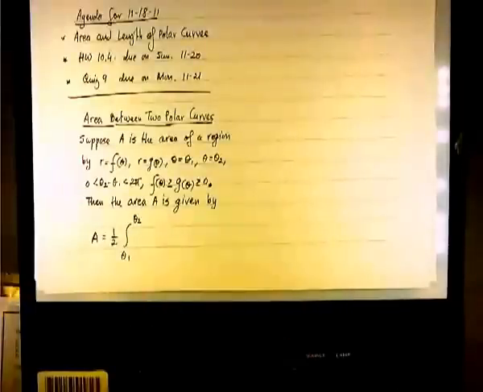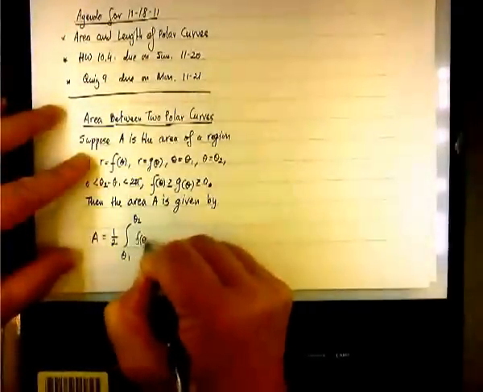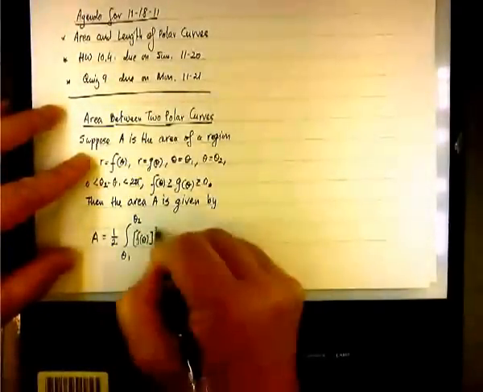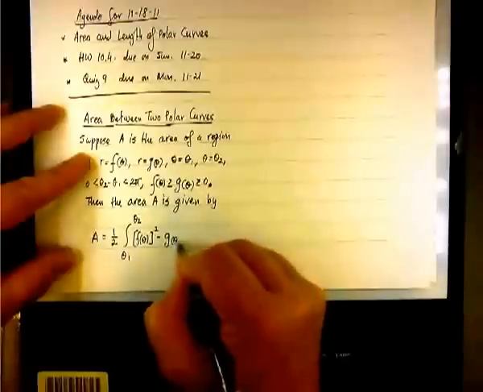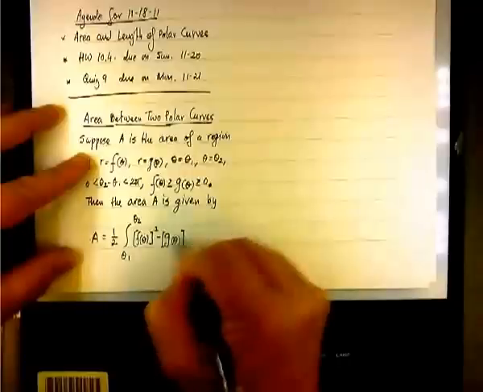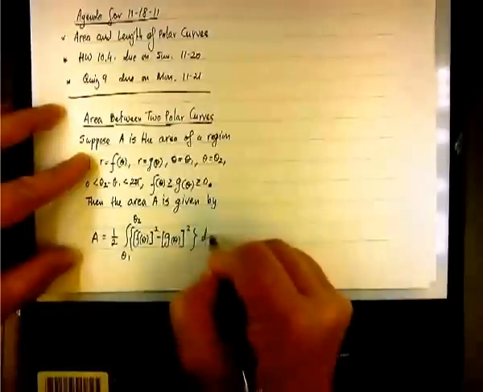Okay, so we substitute r squared with either f squared or g squared. And since f is greater than or equal to g, then we'll go like that.